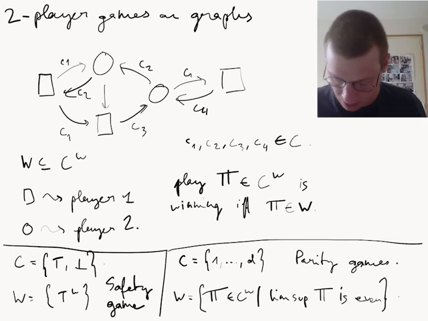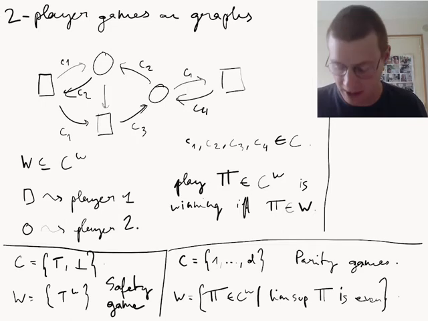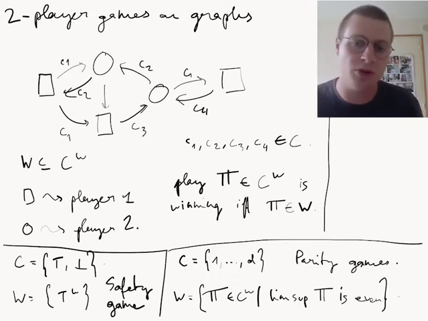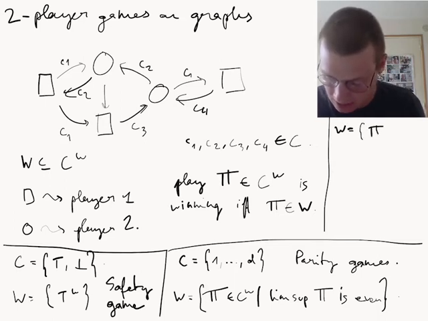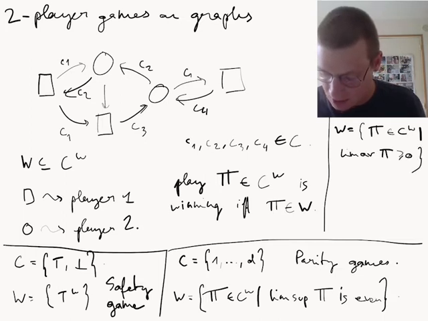Now let me give a third example, mean payoff games. Here we choose for C a finite subset of integers. It could actually be real numbers, but usually we let them be integers. The mean payoff condition W is the set of pi such that the lim average of pi is positive. What do I mean by this?